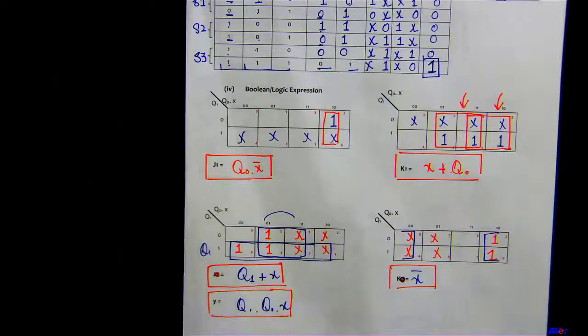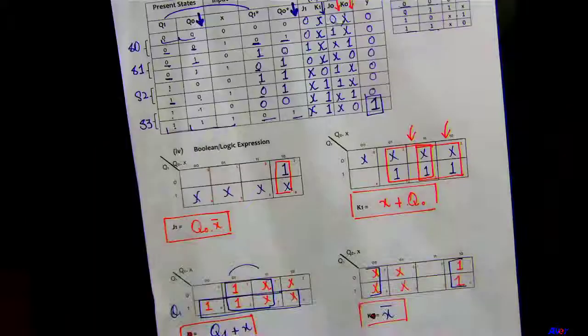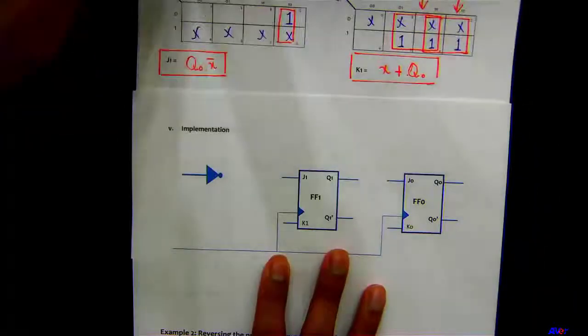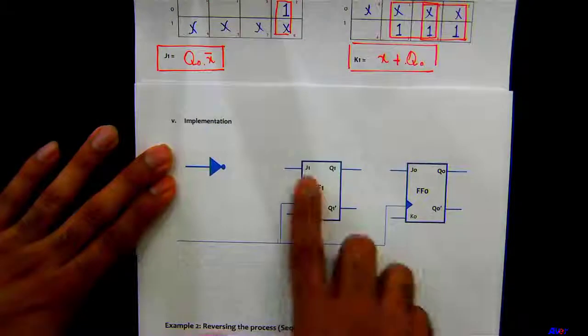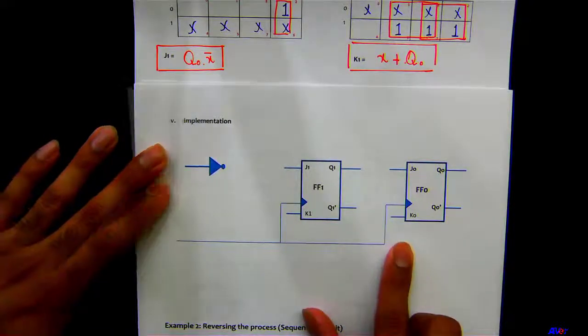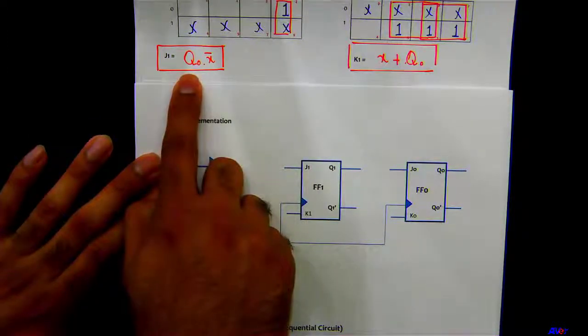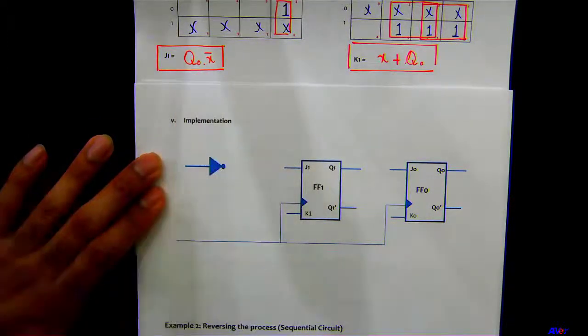Okay, alright, everybody follow me here? Okay, cool. Let's go to our next step, which is the last step, coming up with the sequential circuit. Okay, I got my J1 and K1 here, and I got my J0 and K0 here. So let's work on J1 first. J1 is Q0 dot X bar.